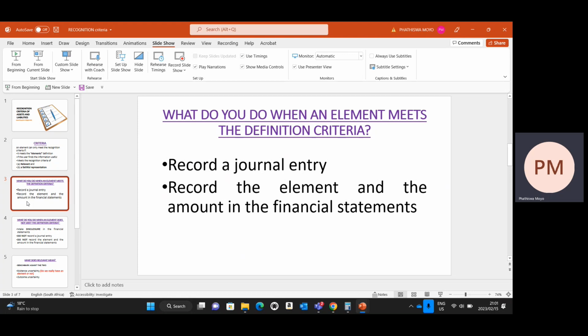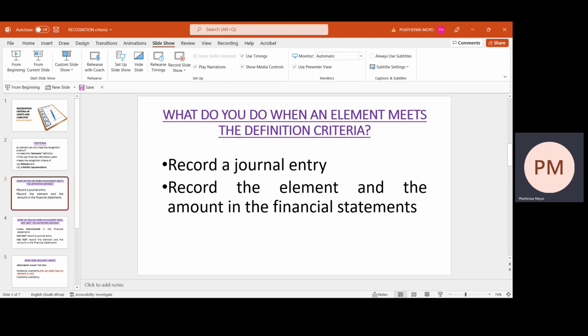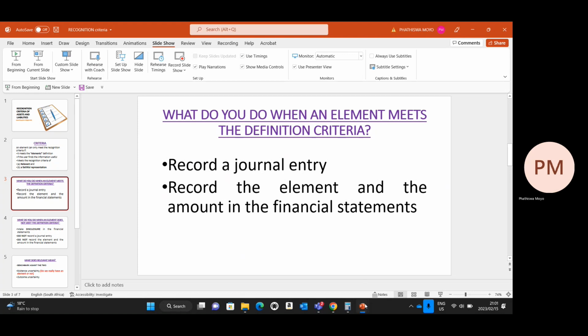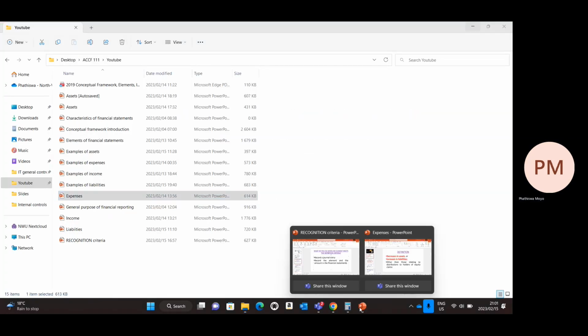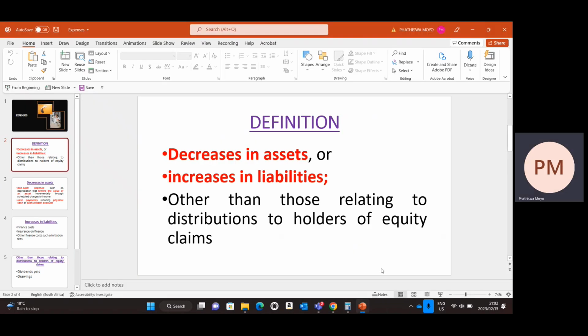So we record a journal entry. Let's assume here it's the stationery that is decreasing the asset.